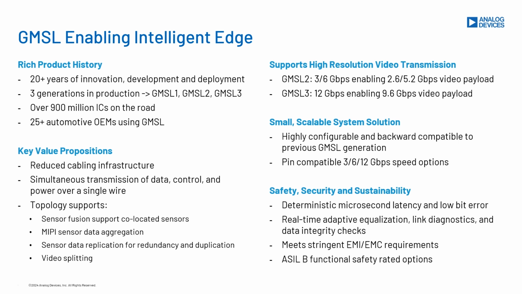In addition, the GMSL SerDes have a variety of video interfaces to support different topologies required by the end applications. For example, we have a camera serializer with 2 MIPI ports to support sensor fusion with 2 co-located sensors. The GMSL camera or sensor deserializer can support 1 to up to 4 serializers for MIPI data aggregation.